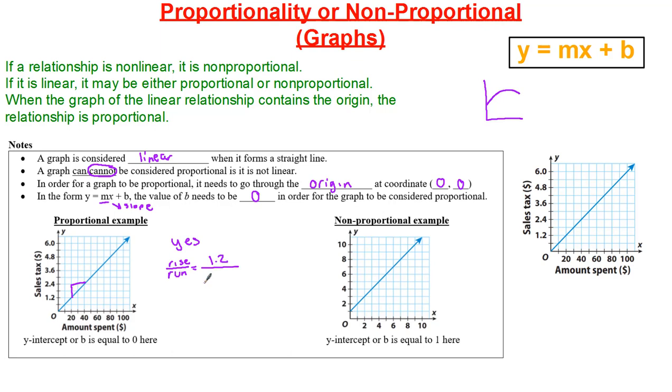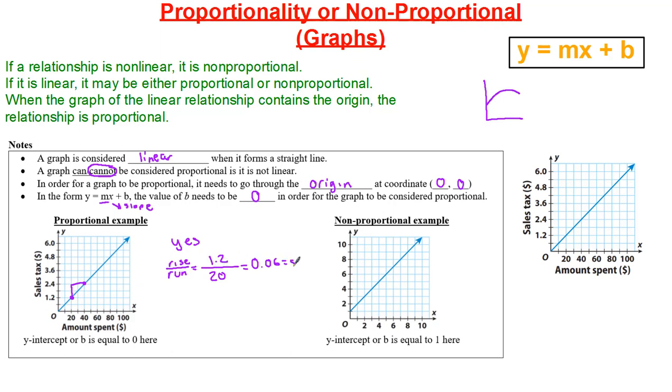Alright, next we have to consider how much it's going across. It goes from here to here, so it goes from 20 to 40. So 40 minus 20 is equal to 20. So my slope right now is going to be 1.2 divided by 20, which is going to be equal to 0.06. Alright? If you pick any 2 points, you're going to see that that slope is consistent throughout the entire graph.